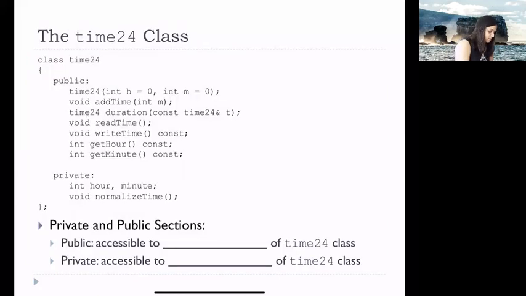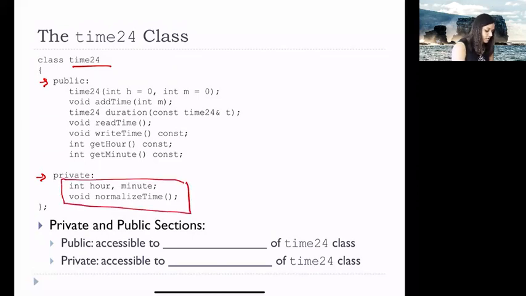If we look at the code for class Time24, I have put together an example where we have some data items and member functions under the public label, and some data items and member functions under the private label. Remember what I just explained about how to access the data members and member functions labeled as private versus those labeled as public.